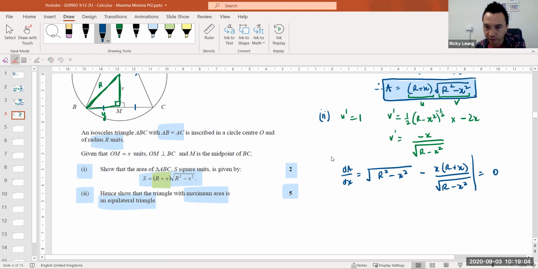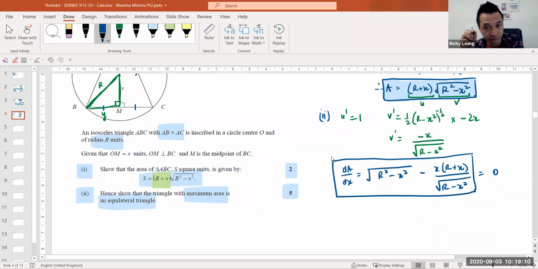That's my derivative, by the way. So point number 1, differentiate, done. Point number 2, let's solve. So just like before, bring this fraction over the fence: r plus x all over root r squared minus x squared.